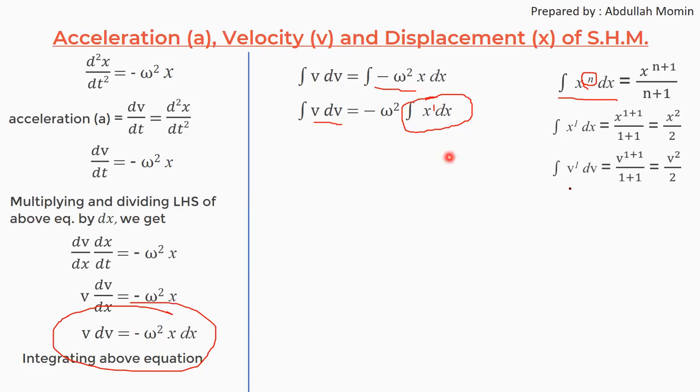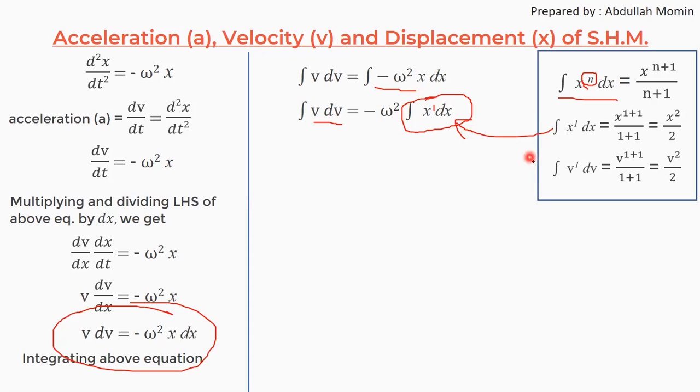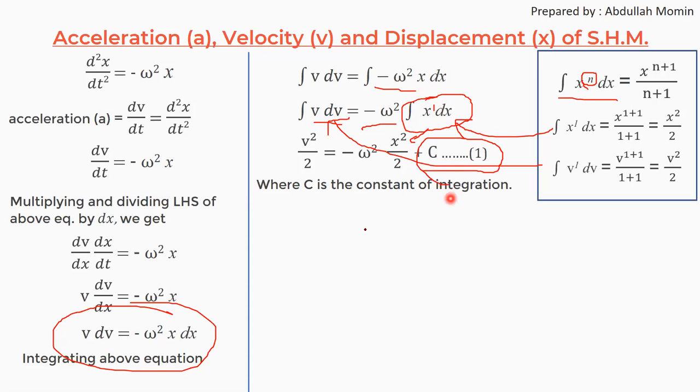Similarly, the integration of v dv is v square by 2. Putting these terms in the equation, we can write v square by 2 is equal to minus omega square into x square by 2 plus c, where c is the constant of integration.